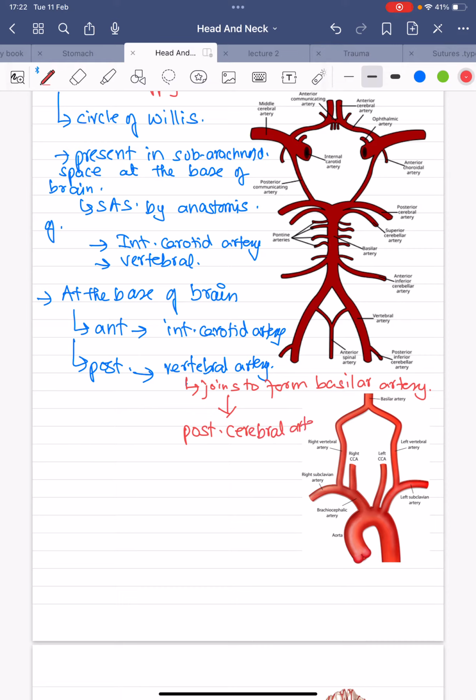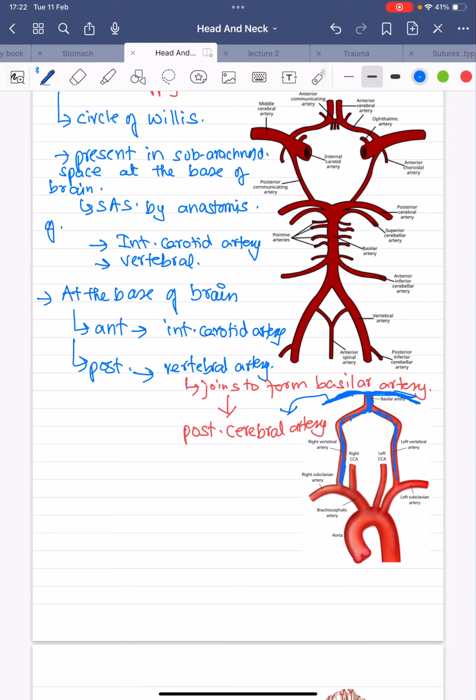In this diagram, this is your right vertebral artery, this is your left vertebral artery. Both join together, forming the basilar artery, which gives these two branches, which I am drawing in blue. This is your posterior cerebral artery, which contributes to the circle of Willis.